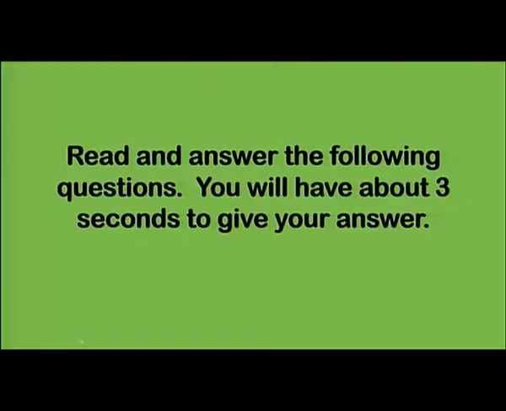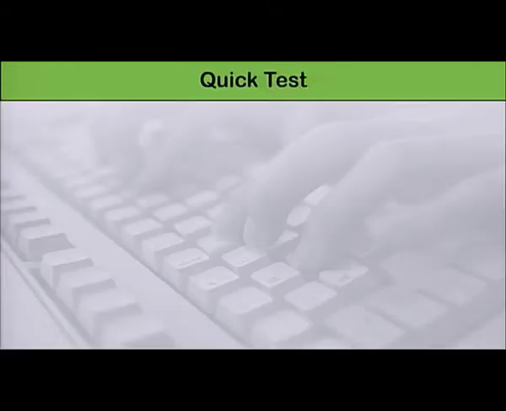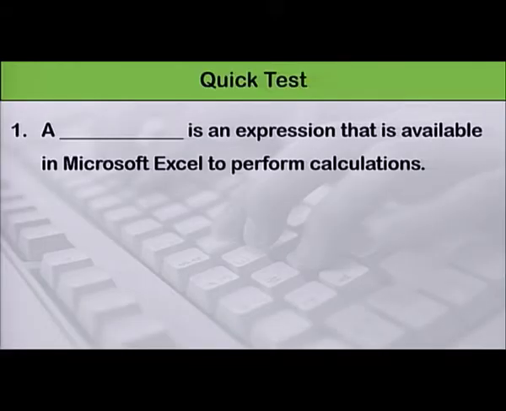Now let us do a quick test to evaluate what you have learned today. Read and answer the following questions. You will have about 3 seconds to give your answer. Question number 1. A blank is an expression that is available in Microsoft Excel to perform calculations.